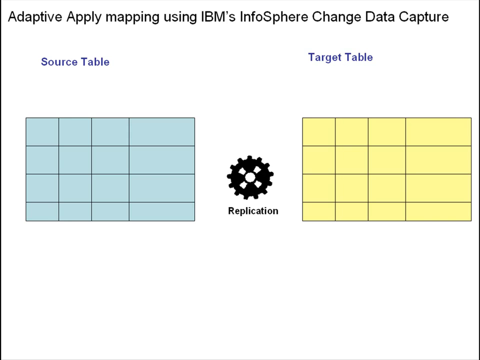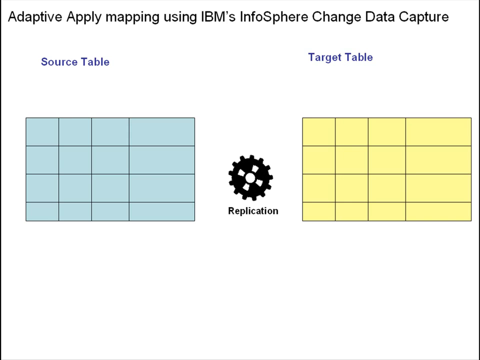Adaptive apply mapping would be mostly useful if the target tables are updated independently of replication, or in other words, if the target tables are being updated constantly by an external application which is independent of your replication platform.